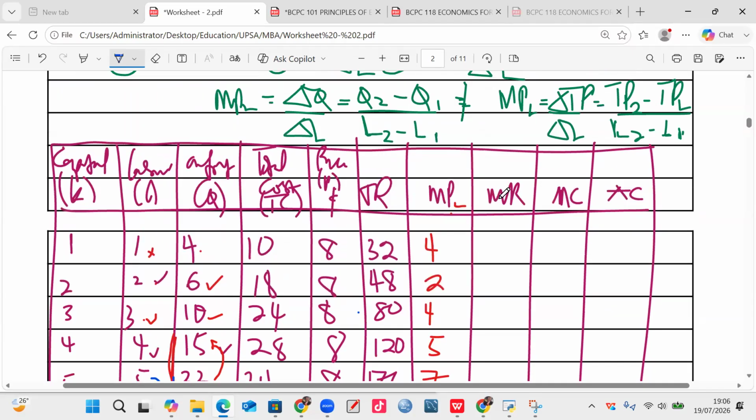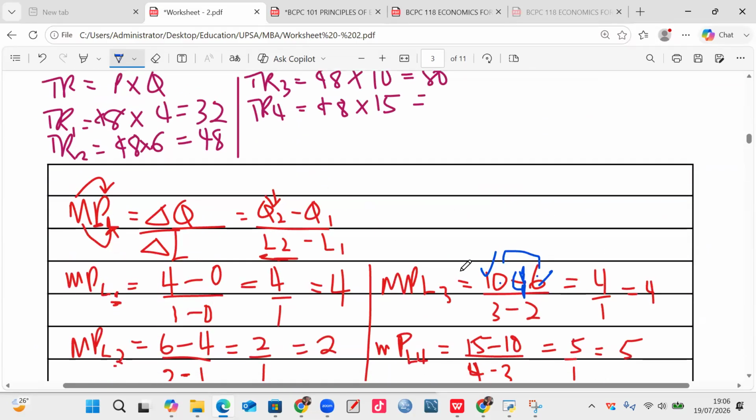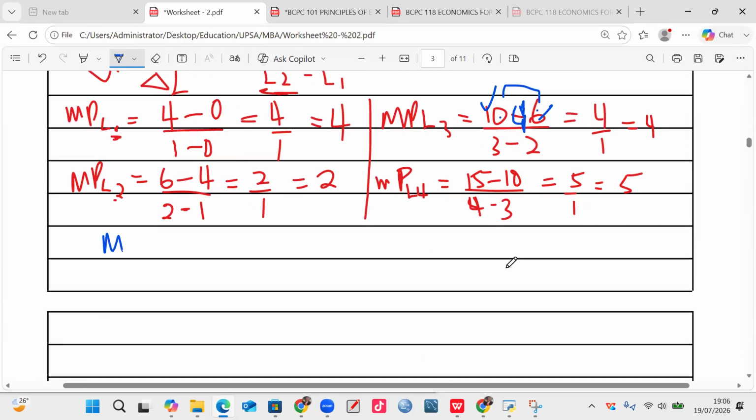Now let's move on. Marginal revenue. Now, when it is the MPL, we didn't say it is change in the production. Like I said, it could be change in TP, total production, over, we can't say it's change in quantity.